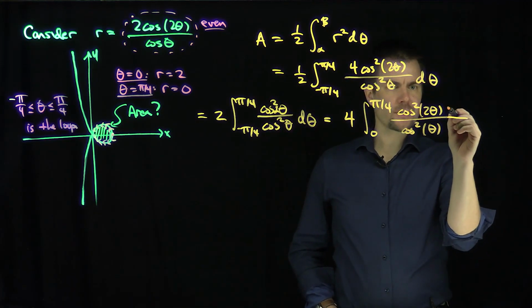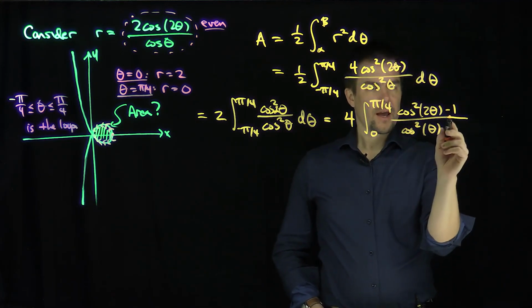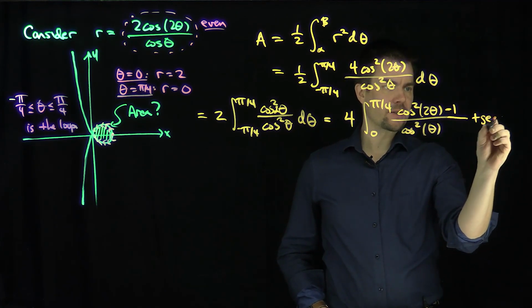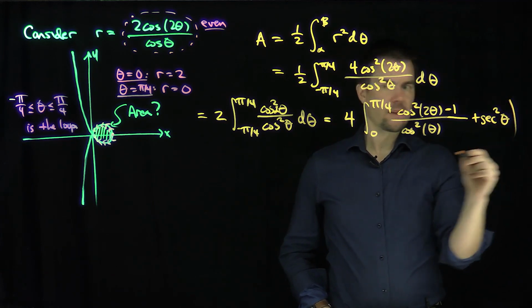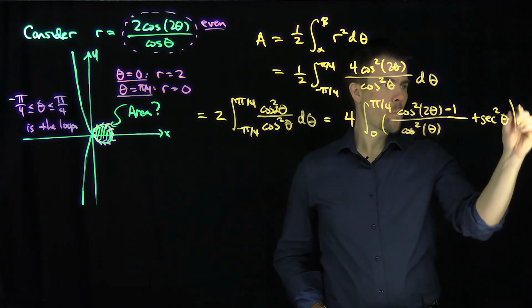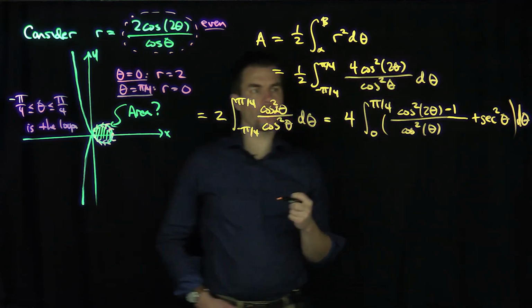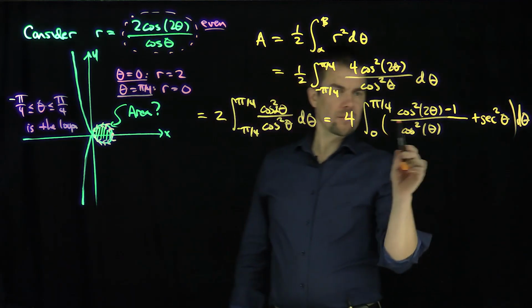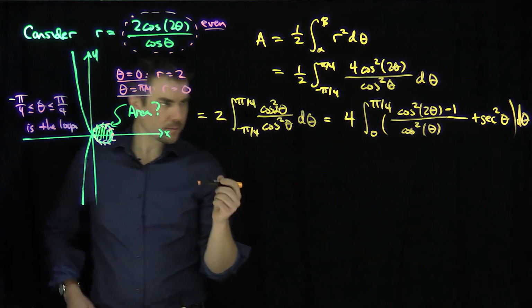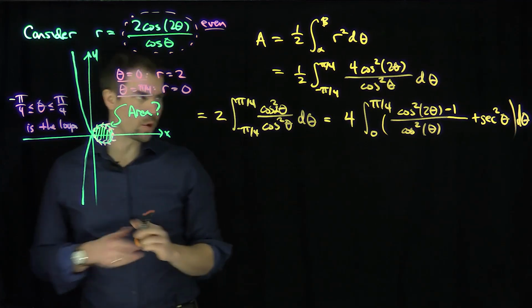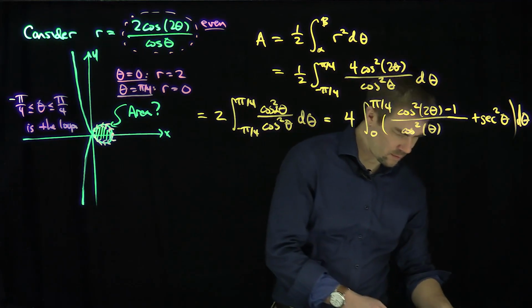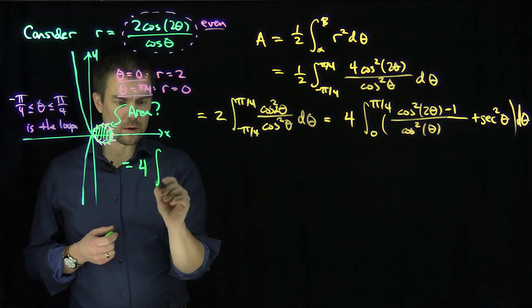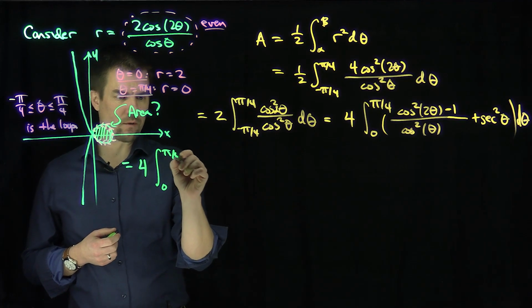Now we can do one trick. I'm going to subtract off a 1 from this, thereby subtracting a total of a secant squared, so then I'll add in a secant squared of theta d theta. Now the reason I'm doing this we'll see in a second. This first integral becomes 4 times the integral from 0 to pi over 4.